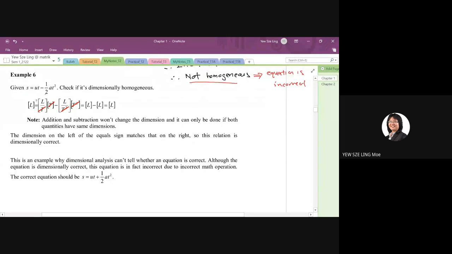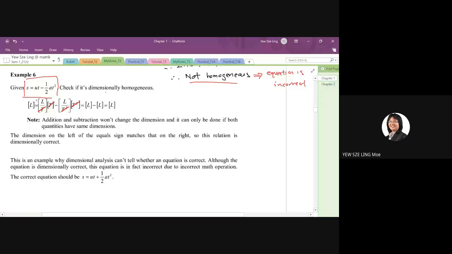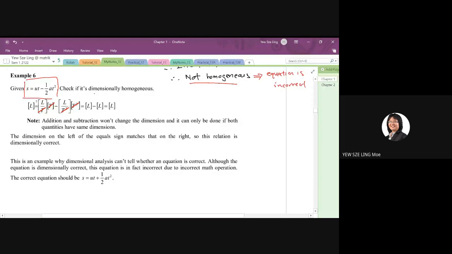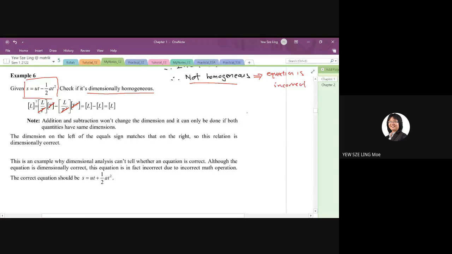All right, now example 6. You're given an equation S equals ut minus 1 over 2 at squared. The question asks you to check whether it is dimensionally homogeneous. So what are you going to do? You are going to do the same things like I showed you just now. You do the left hand side.